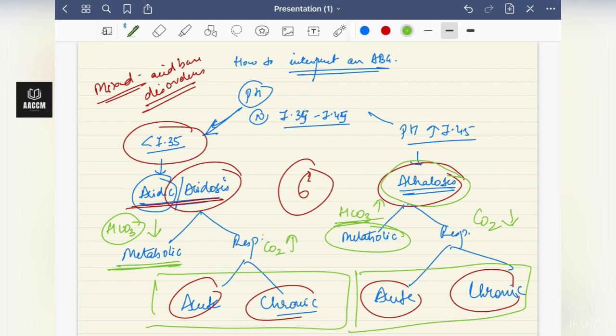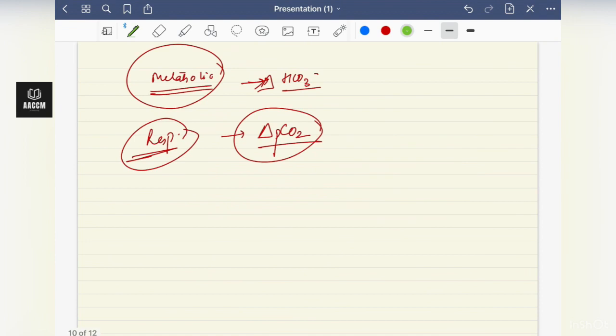Okay, so if I see it again to make it simpler, the metabolic acidosis or metabolic alkalosis. In metabolic acidosis, the bicarbonate level should decrease, that is, fall below 22. And in alkalosis, the bicarbonate level should rise, that is, above 26.